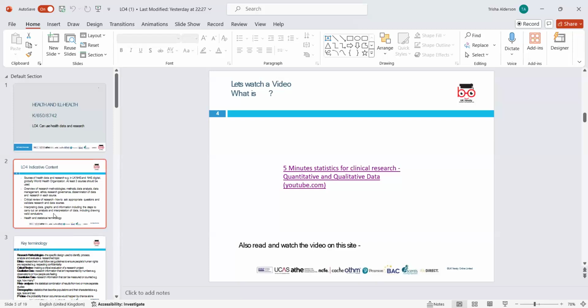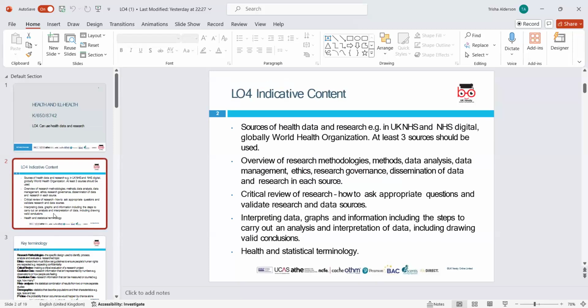Okay, so what we'll do first is we'll look at the indicative content of today's lesson. And these are sources of health data and research. For example, within the UK, the NHS and the NHS digital services, globally, World Health Organization.